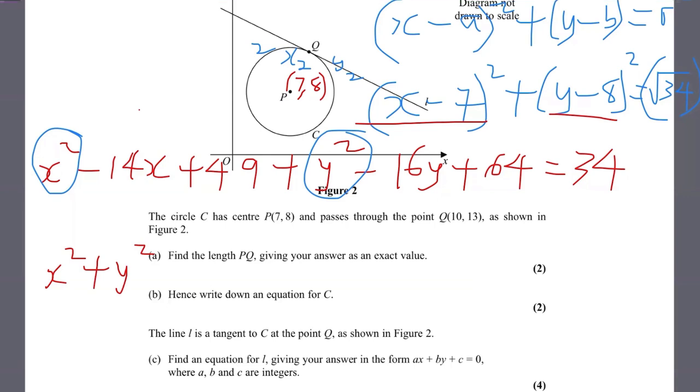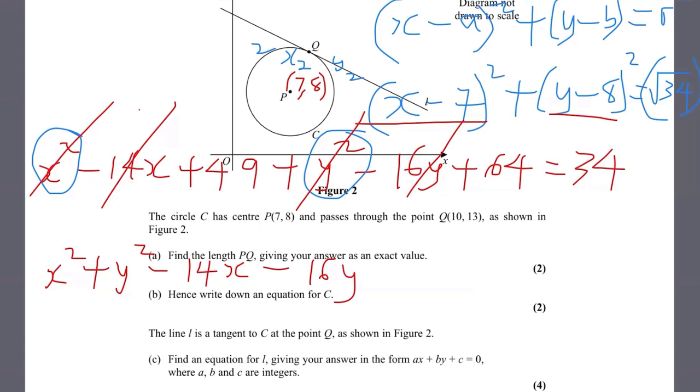And the next is to pick out the minus 14x, and after that the minus 16y, right? So we have what we have left is 49 plus 64. What's 49 plus 64?